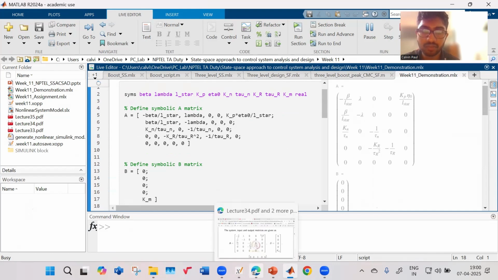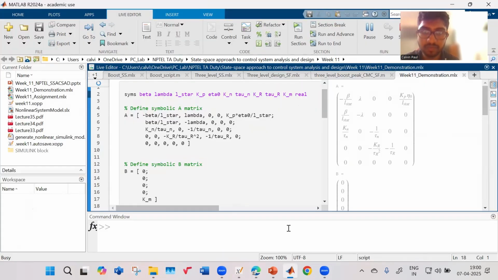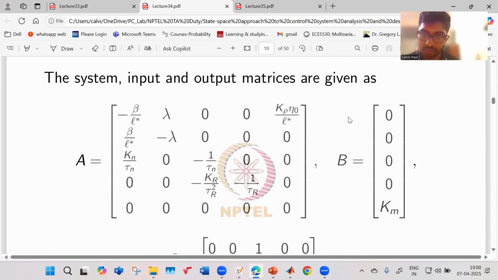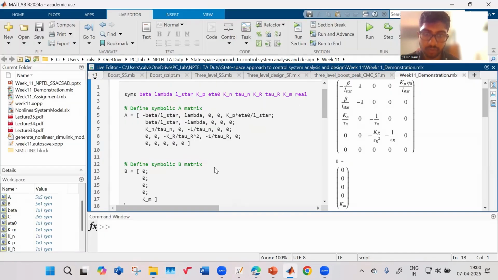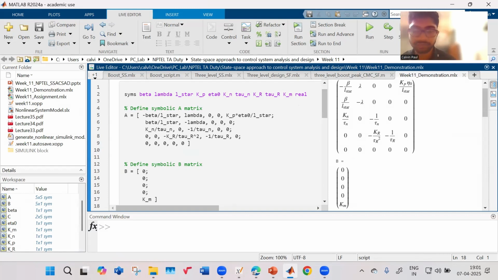So A is given by minus beta upon L star, then lambda, 0, 0, then Kp eta naught upon L star. Fine. This is given by beta upon L star minus lambda, then 0, 0, 0. Then you have 0, 0, 0. Then this is Kn upon tau n, Kn upon tau n, 0, minus 1 upon tau n, minus 1 upon tau n, 0, 0. Then 0, 0, minus Kr upon tau r square, minus 1 upon tau r and 0.